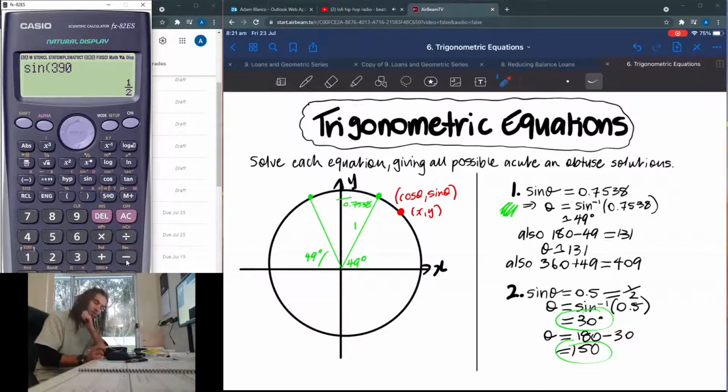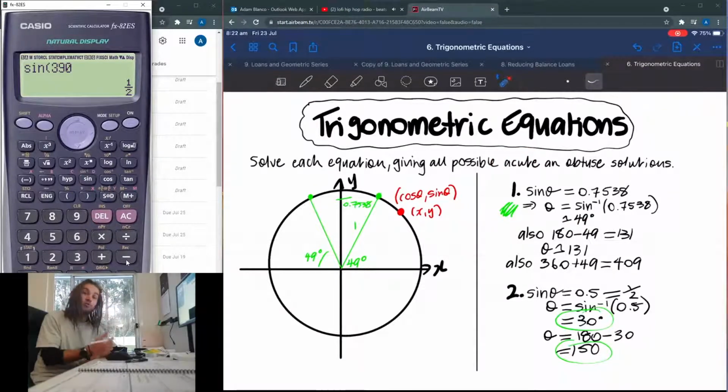Now, just got to be careful because the question's going to say something like this. Solve each equation. That's fine. I can solve this. I just take the inverse. I know that this is just 30 degrees. But if it's asking for all the possible acute and obtuse solutions, so acute means I'm looking right here, so then my triangle has an acute angle in it. Acute just means between 0 and 90. So if you're ever asked for an acute solution, it means it's got to be between 0 and 90, like 49.